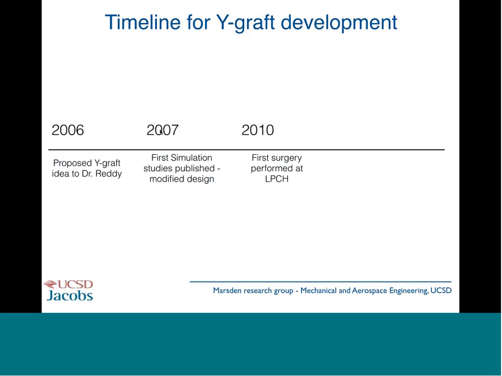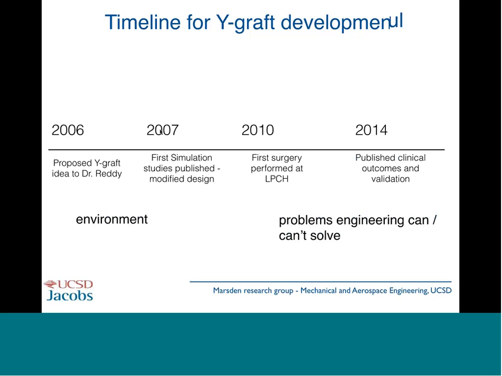The first surgery was performed in June of 2010 at Packard Children's Hospital at Stanford. And we published the clinical outcomes and validation studies in 2014, again, because we needed a long enough time window to really evaluate how these patients had done in the intervening years post-surgery. And again, I'm happy to answer any questions about this.